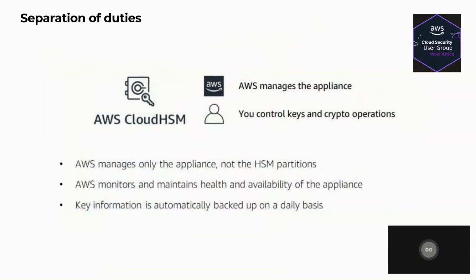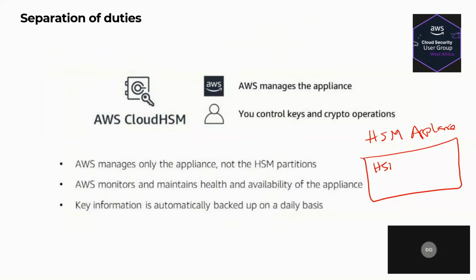Now, how Cloud HSM works in terms of the separation of duties. Here is what we need to understand. When we're using Cloud HSM, we have the HSM appliance, which is the hardware appliance itself that's dedicated to us. And within the HSM appliance, we can have HSM partitions.